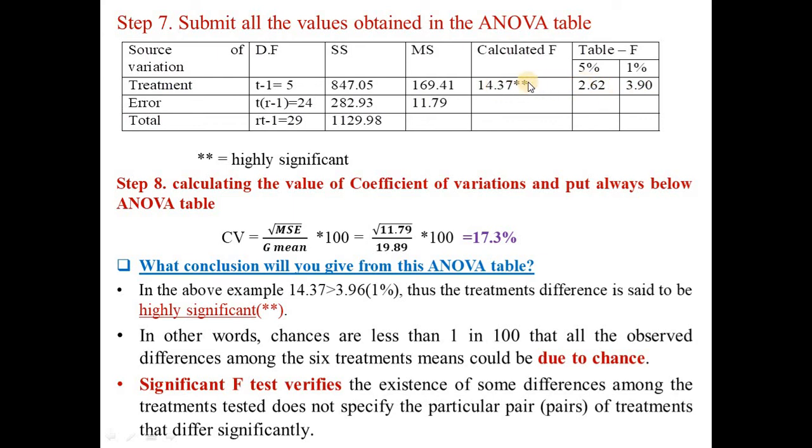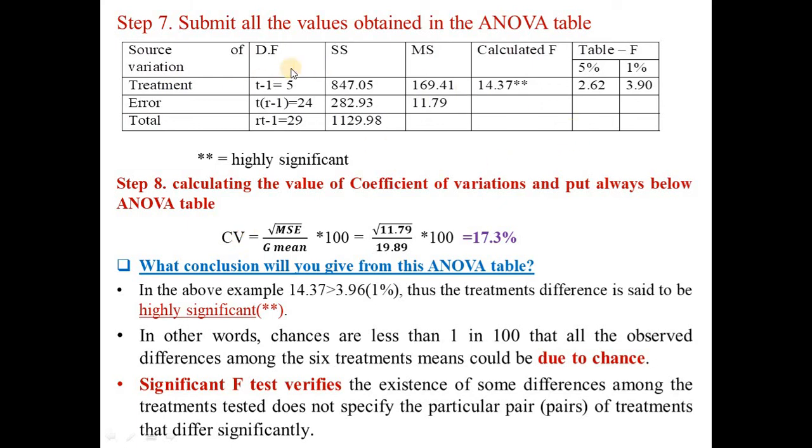If this value is larger than that one, we say there is a highly significant difference between the treatments. Whereas if this value is larger than this one, but lower than this one, we can say it's significant only, and we use one asterisk. In the case of 1%, because of this, we have used 2 asterisks, because this value is larger than that of 1%, and in order to say highly significant, we put 2 asterisks.